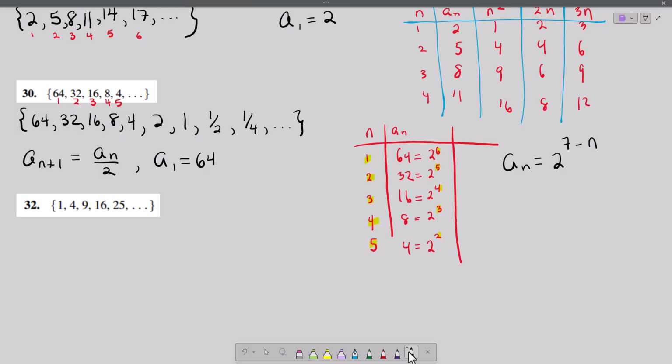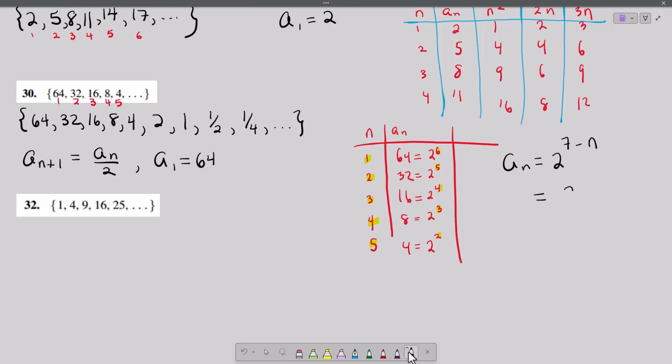All right, so that first one is 1 less than 7, 2 to the 6. The second one is 2 less than 7. So we can see that that's a pattern there that we could exploit, and we could get a formula. Now you could write this in a couple of different ways too.